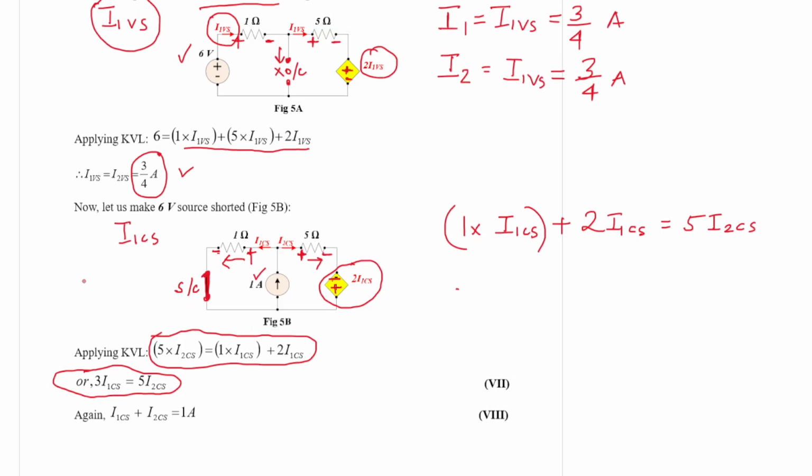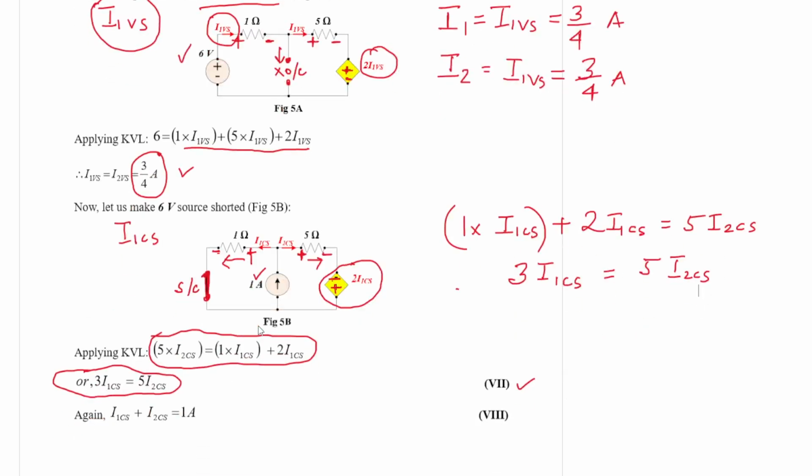This is equation 7 here. 3 I1 CS will be equal to 5 I2 CS.